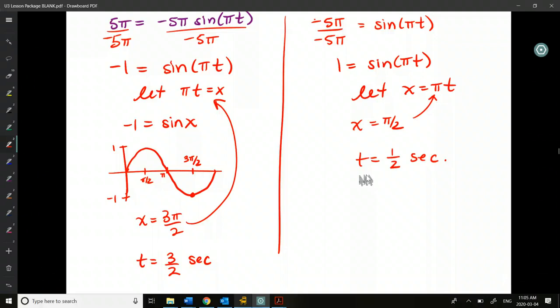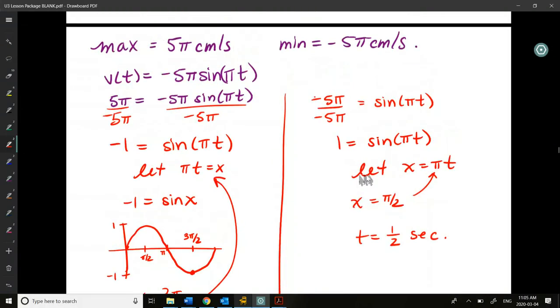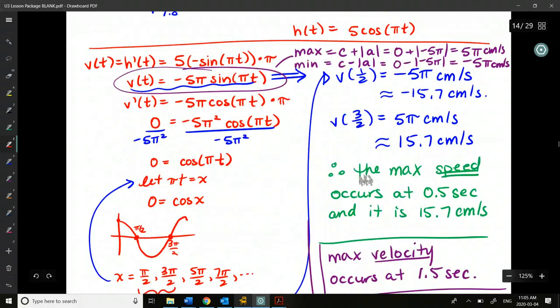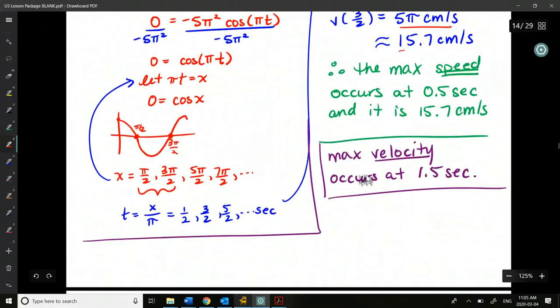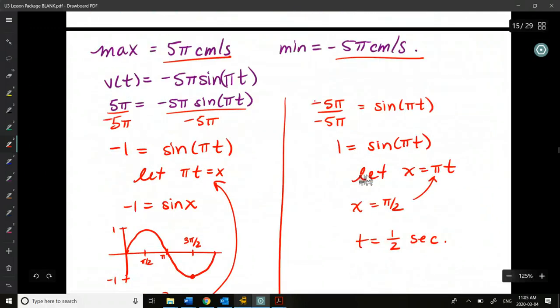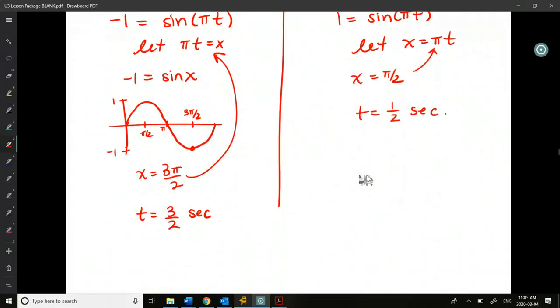So you see that we basically got two of the same things. We found that the maximum velocity and the minimum velocity were 5 pi centimeters per second, negative 5 pi, just like we found here. And then we still had to do this kind of similar solving process to get our times.